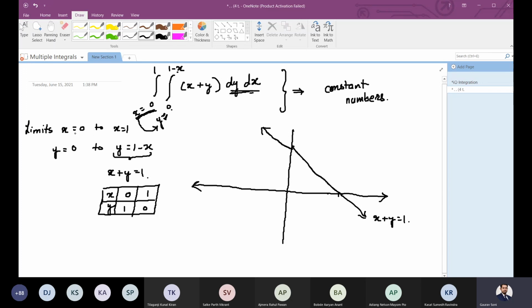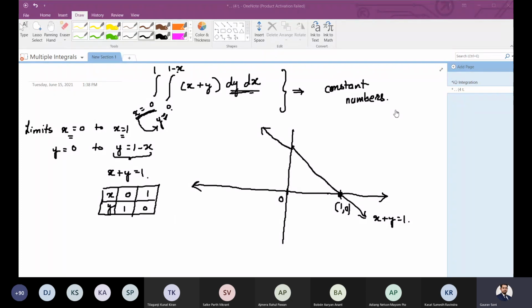What are the values of x? x is going from 0 to x equal to 1. Where is x going from and to? From this point 0 to this point 1, right? So x is going from (0, 0) to (1, 0). What about y? What information does y give you?